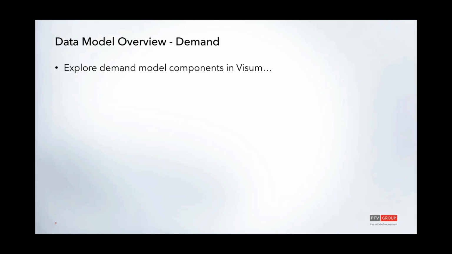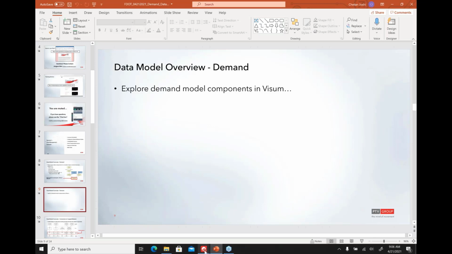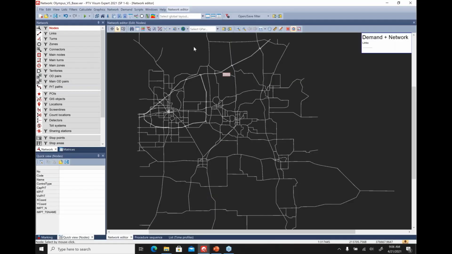Now that we have some of these definitions shown, let's take a look at what this information or data looks like in a Visum file. I have my Olympus training model loaded over here.